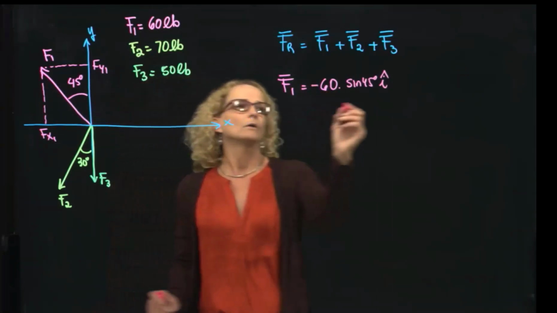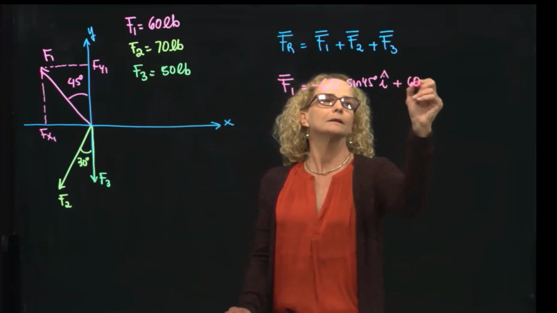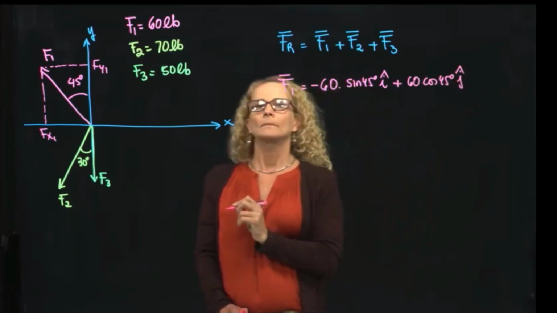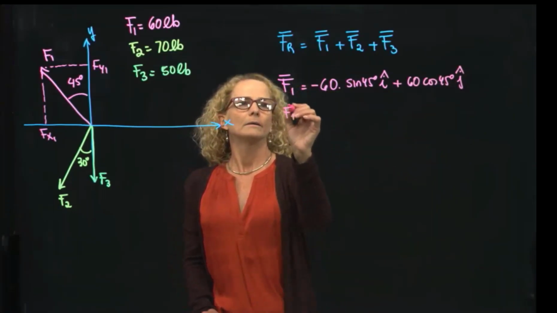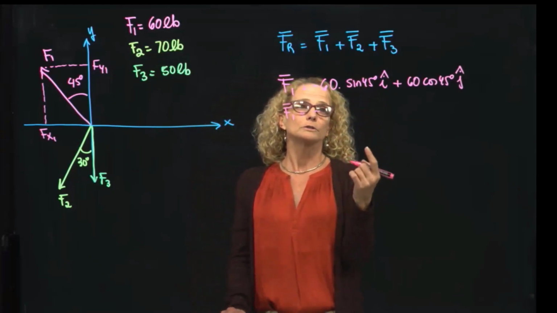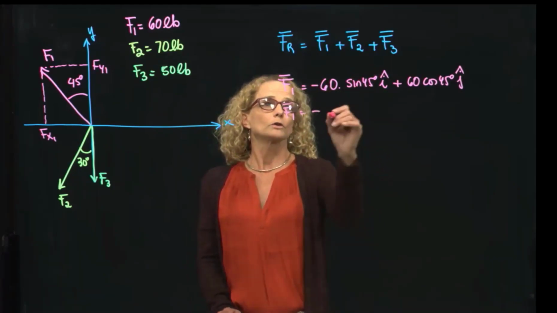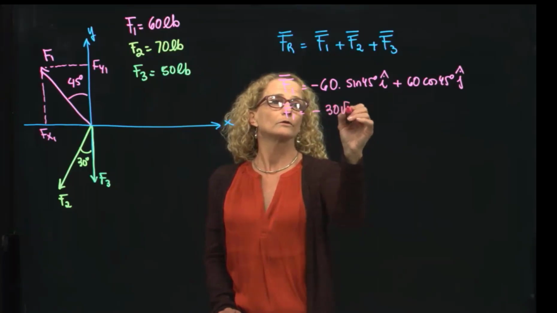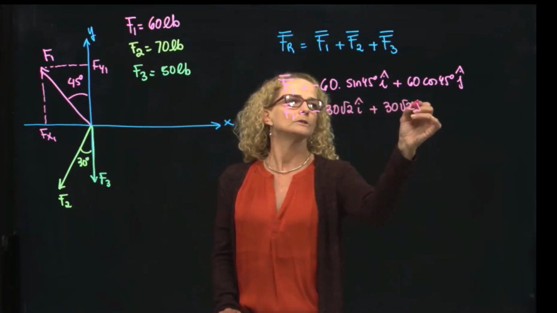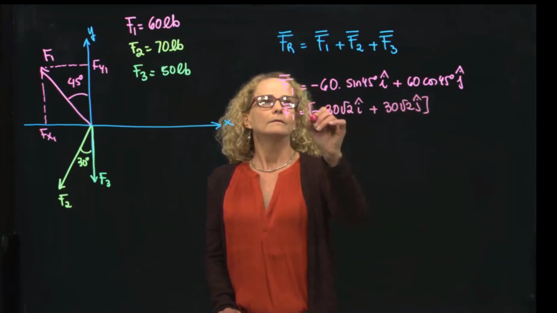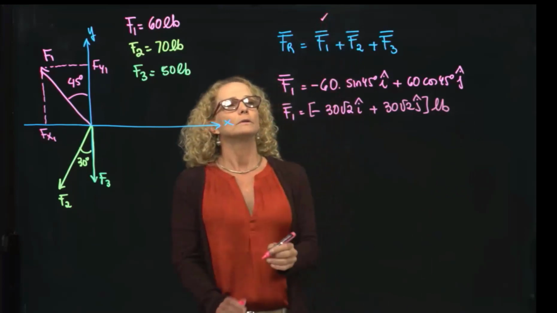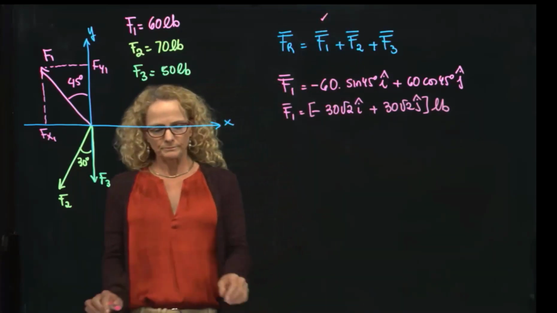And then we have the y component, which is 60 cosine of 45 in j. So F1 will be negative sine of 45. You know that's square root of 2 over 2, so that gives me negative 30 square root of 2 in i plus 30 square root of 2 in j. And this is in pounds. So we found the components of F1.